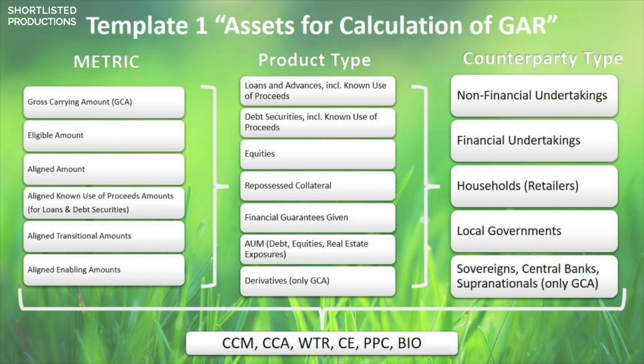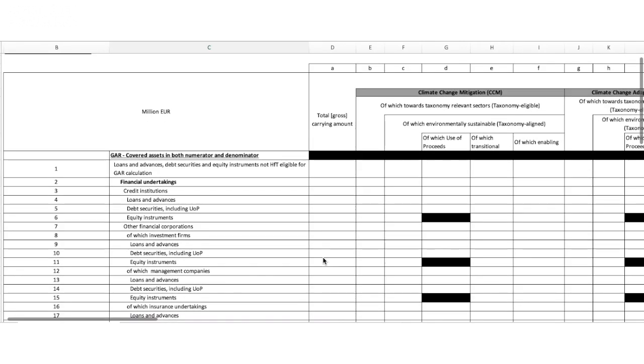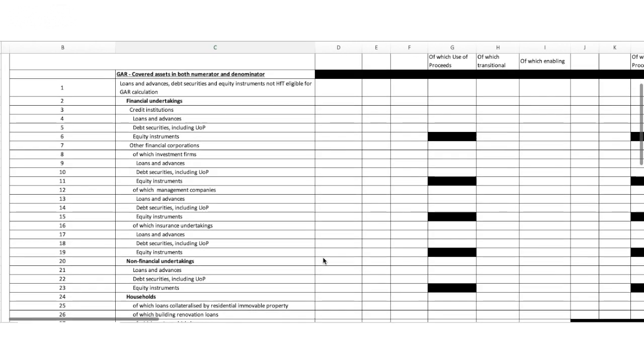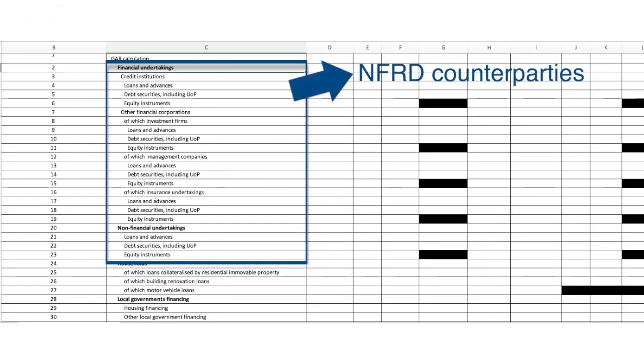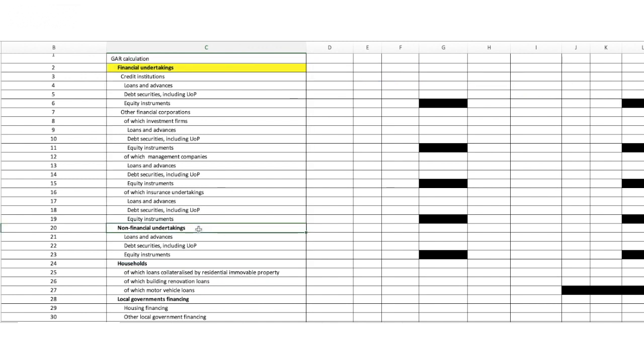Additionally, taxonomy-aligned amounts of loans and advances as well as debt securities with known use of proceeds should be disclosed. The template can be divided into 3 core sections. The top section covers the taxonomy alignment of NFRD counterparties, households, and local governments.